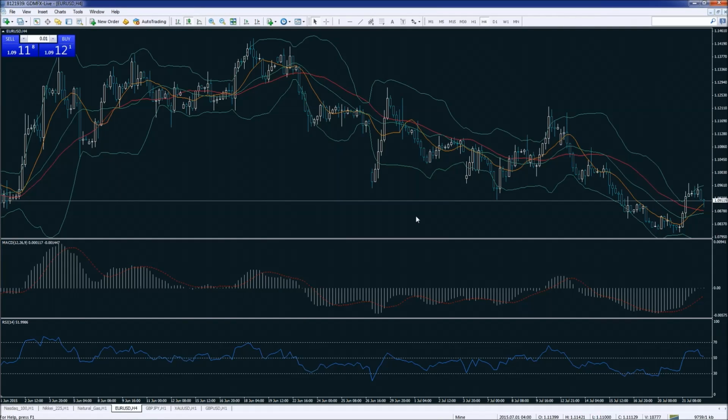And basically, a trader in this case holds a short position until the profit-taking tool, in this case the Bollinger Bands, reaches, you know, the price reaches the lower band, and that would be somewhere in this range.